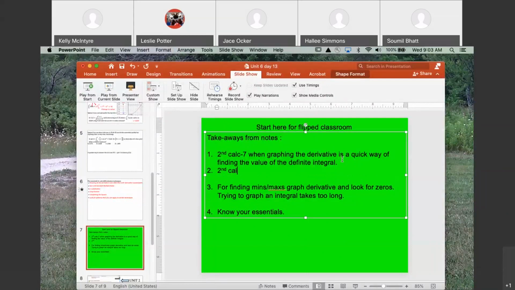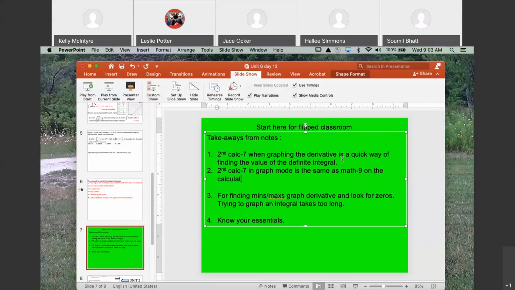Second calc 7 in graph mode is the same as Math 9 on the calculation screen.